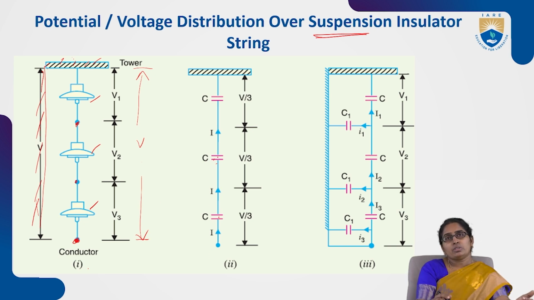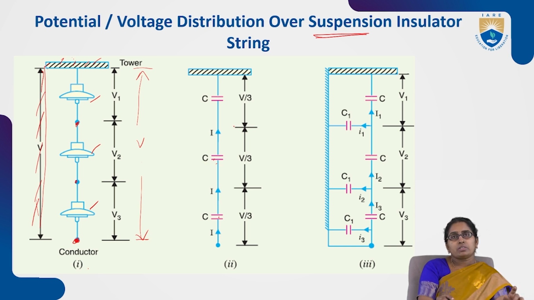Because they are in series, the same current, let us say I, flows through each capacitor, from the conductor to the cross arm.